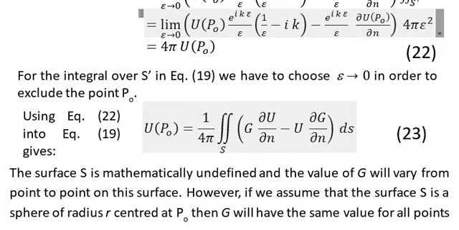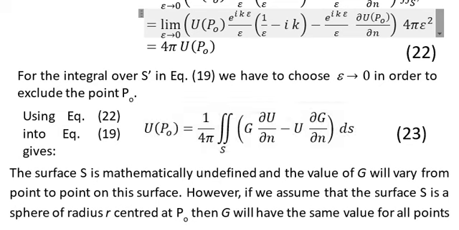So we have u of P naught, which is the field at point P naught, which we wanted to evaluate, is equal to 1 over 4 pi into the surface integral over the surface S. And you know that they change the order of the arguments in the parentheses, that is we have taken G curly u over curly n minus u into curly G over curly n.